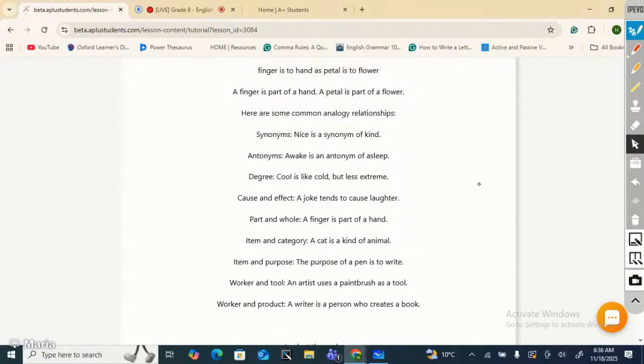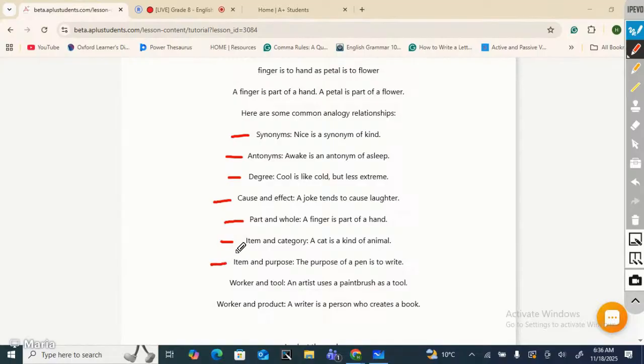So, these are the common analogy relationships. Either the pairs of words can be synonyms, antonyms, a relationship of degree, cause and effect, part and whole, item and category, meaning one thing can be an item of a certain category.